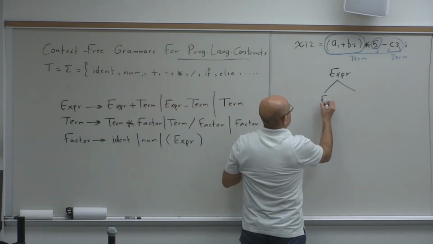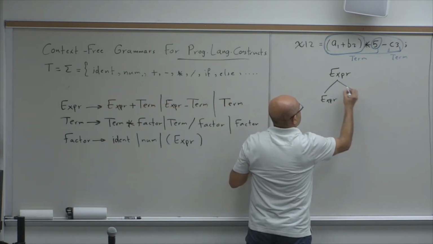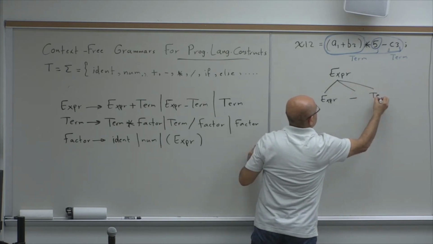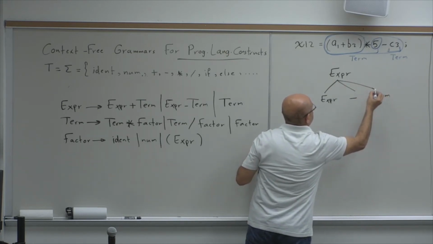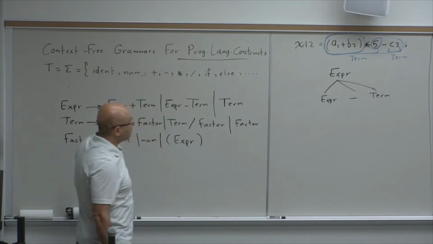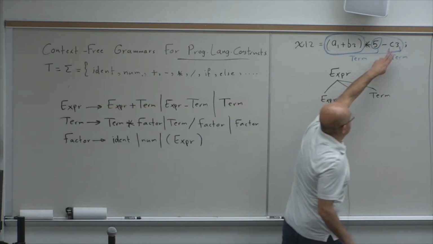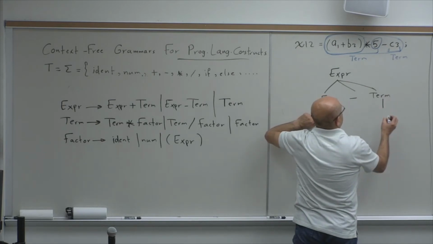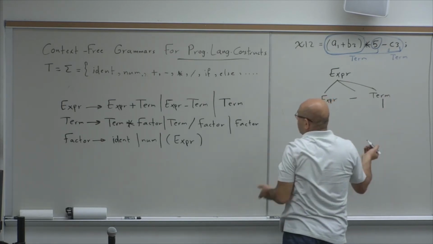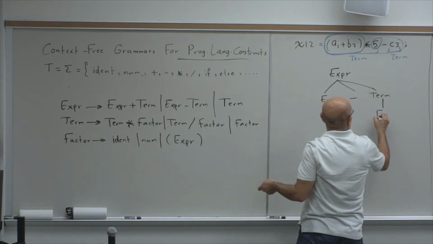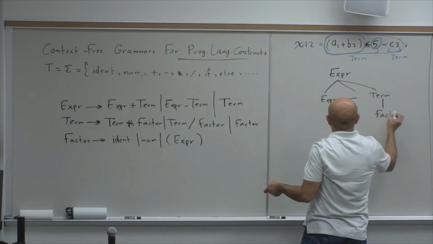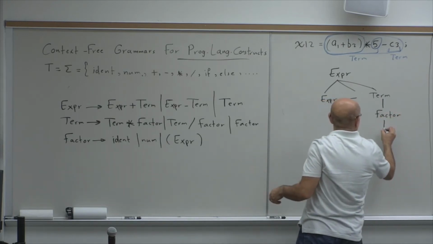So on a high level, I see this. So it's going to be expression minus term. Now I can do this term. This is easy. This term consists of how many factors? Just one factor. And this factor is an identifier.